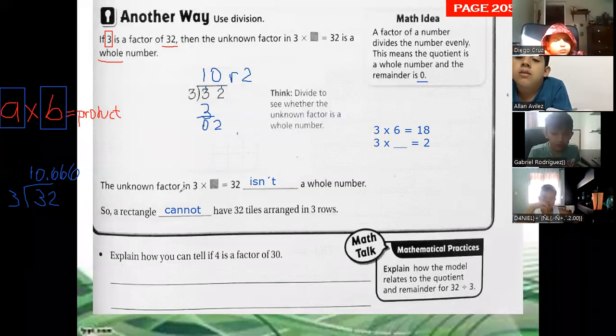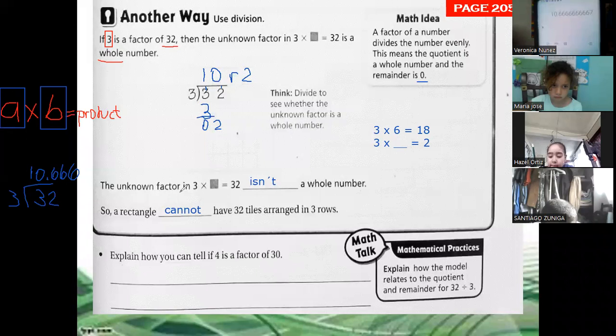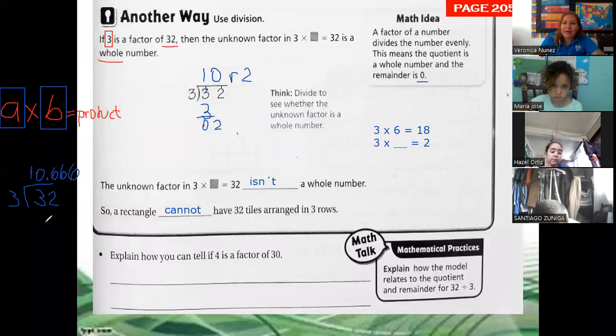Why? Because you did it with a calculator. That's the answer that I got in the calculator. And you didn't show me procedure. Here, nothing. In class, we haven't divided with decimals.